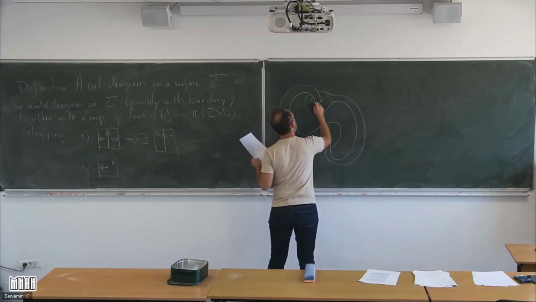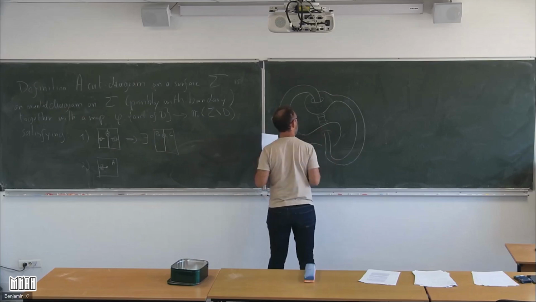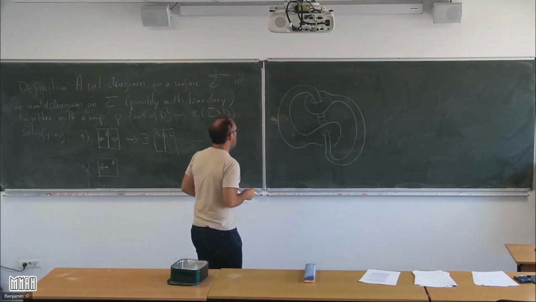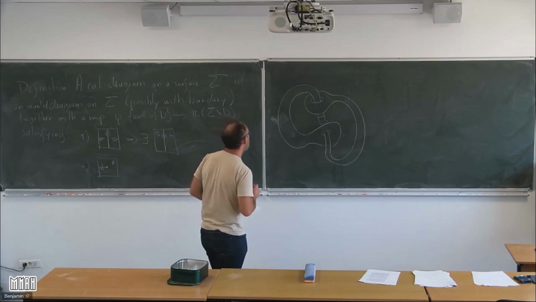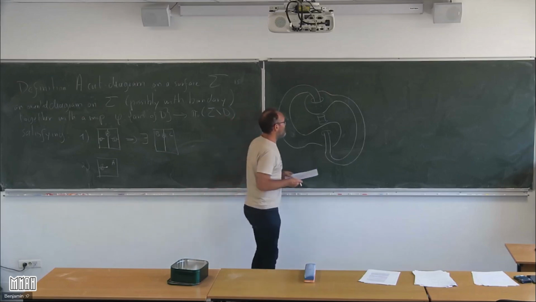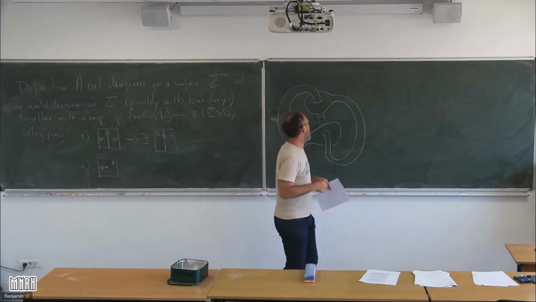Maybe you can put some dashed line here and here. So this corresponds to the immersion of a sphere in R3, but there is some self-intersection.